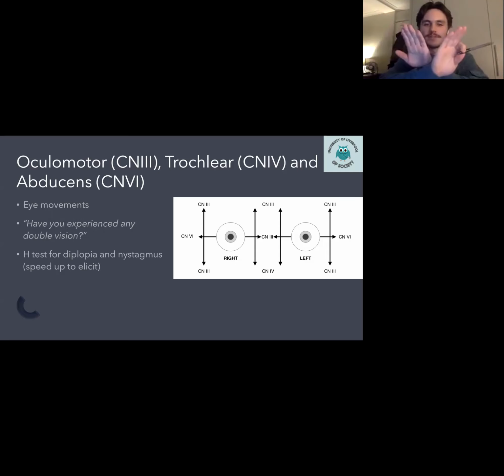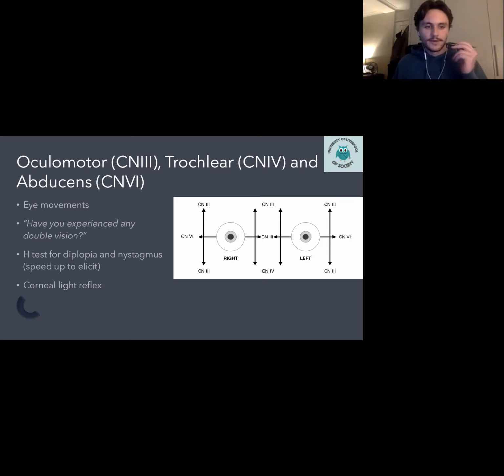Is it the horizontal superposition of images or vertical? You might see hints of nystagmus as you get to the extremes of your eye movements, and you can elicit these by speeding up your movements towards the end. That will elicit a nystagmus if it's there, and that's important to note.